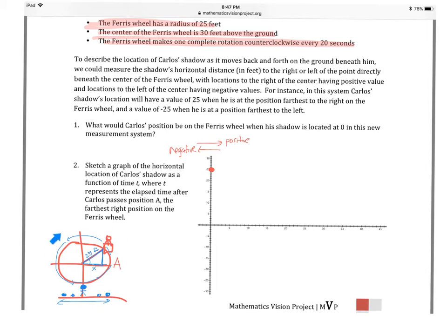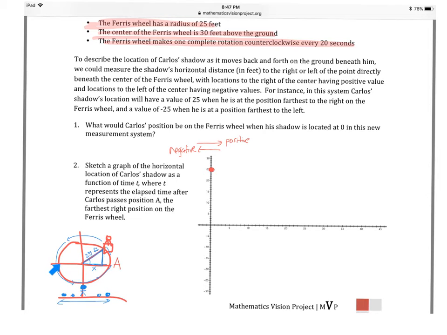The opposite of a clock. So if Carlos is going this way, that means at 20 seconds, he's going to be back around to A, right? So 20 seconds, boom, back around to A. So after 10 seconds, which is exactly half that, he's going to be right over here.